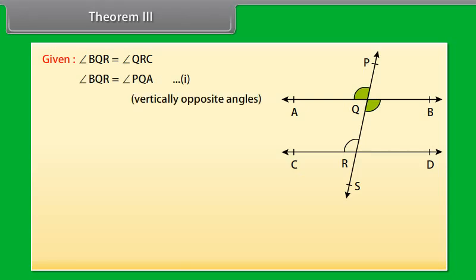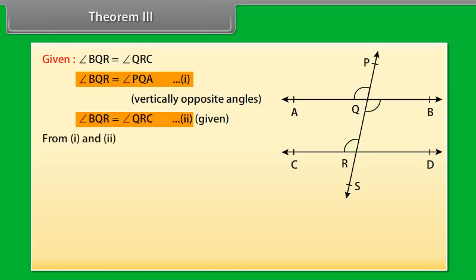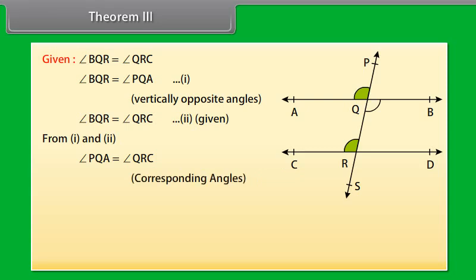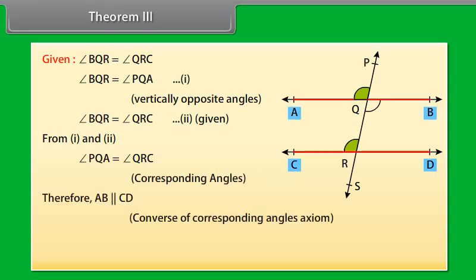Theorem 3. Now, using the converse of the corresponding angles axiom, we can show the two lines parallel if a pair of alternate interior angles is equal. Come, let us check. Here the transversal PS intersects lines AB and CD at points Q and R respectively, such that angle BQR is equal to angle QRC.